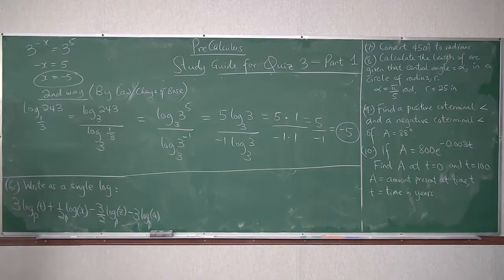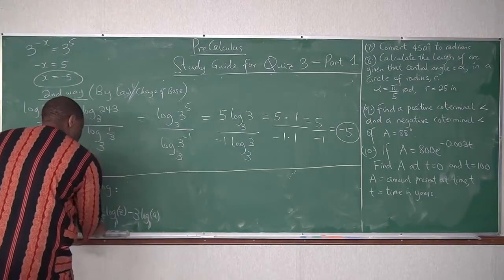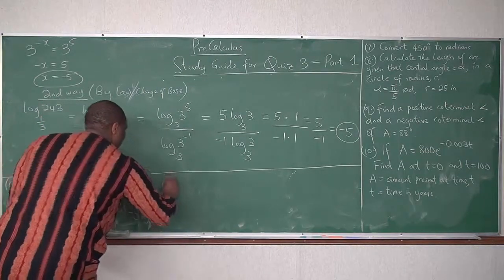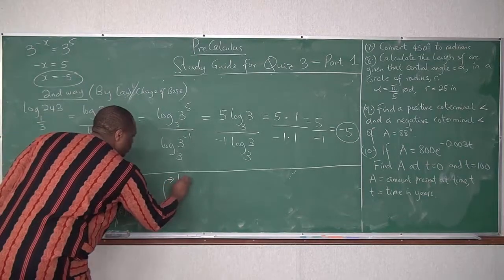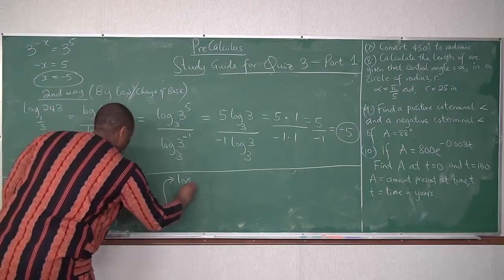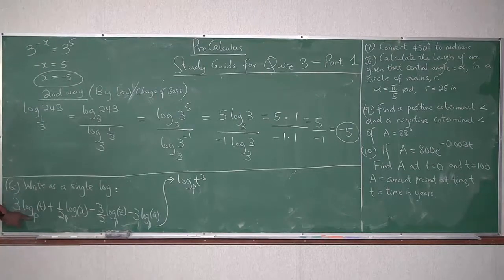That is it. Now, question 6. Write as a single log. We want to write this as a single logarithm. So what do we have? We will have log base p of t cubed.